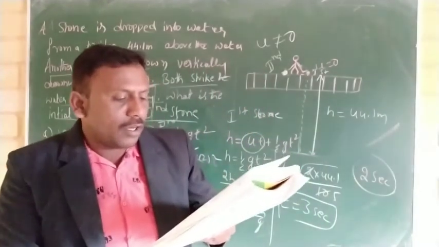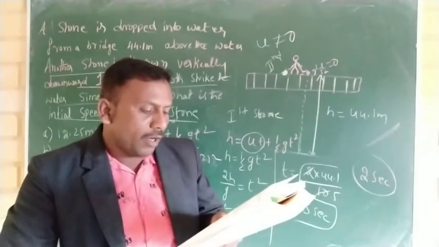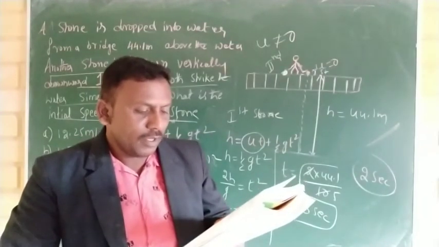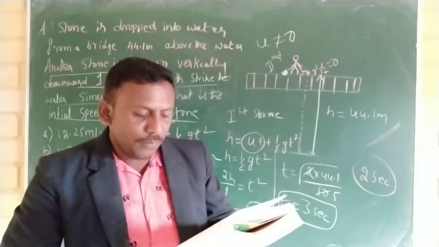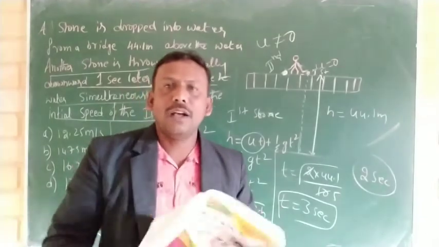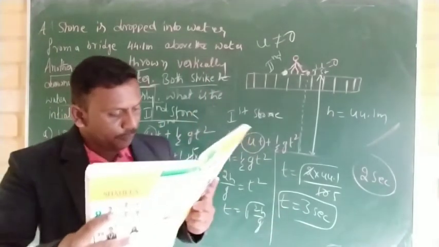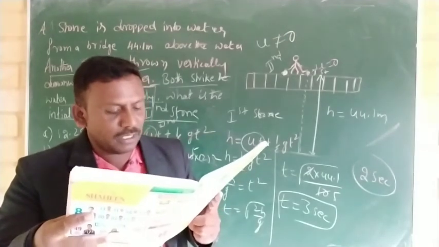A man drops a ball downside from the roof of a tower of height 400 meters.